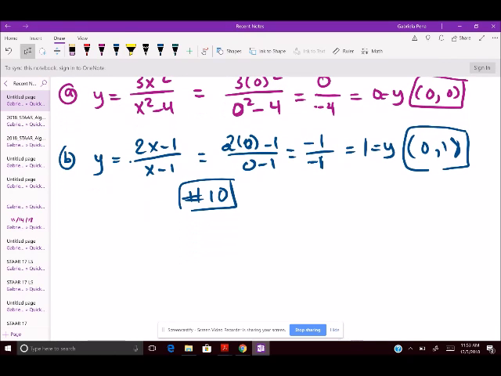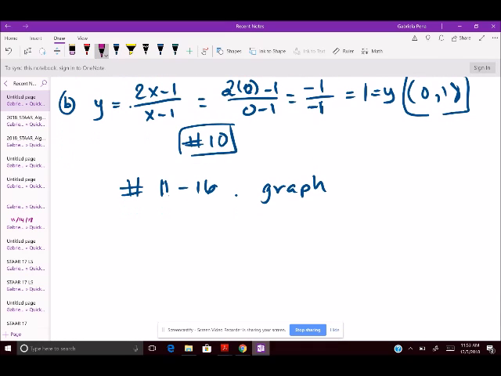Now, for problems 11 through 16, all you have to do is graph them. That's it, in your calculator. But it deals with transformations. Do you remember us talking about transformations before? Moving up, moving left, moving down, to the right.